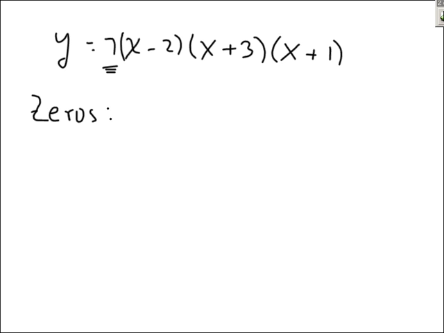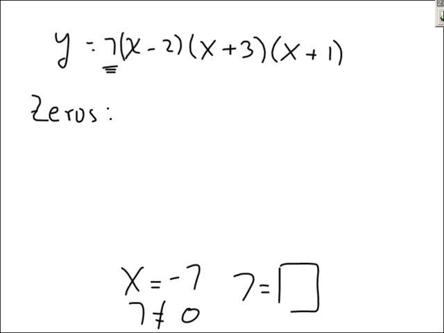Regardless of what x is, 7 equals 7. If somebody tells you x is negative 7, it's insane to say 7 is now 0. 7 is never 0. 7 is said to be a constant. It doesn't depend on x.